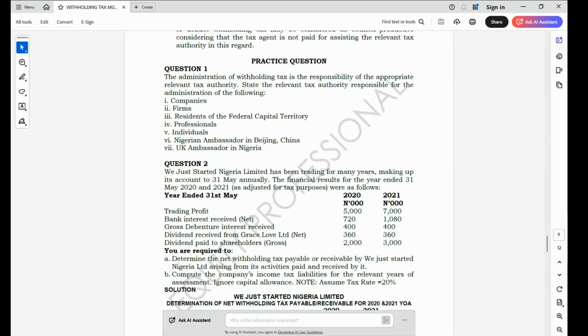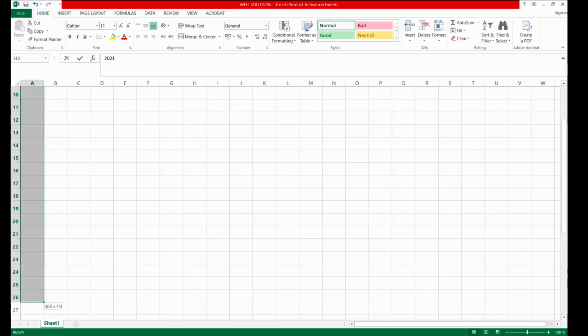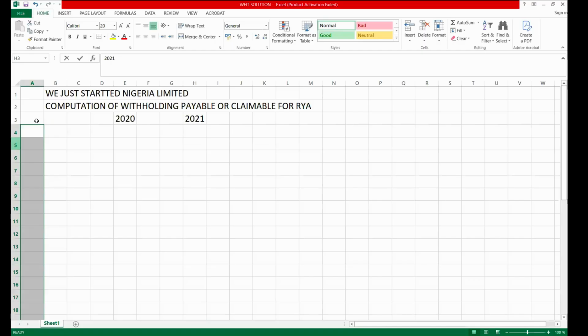So any one of it, you can do it first. So I have withholding tax claimable. So we have bank interest received, and we are given it net.